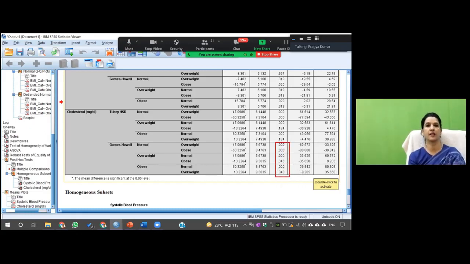Now, can anyone tell me from this participant group which two groups are significant here in case of cholesterol, by just seeing the result? Please type in the chat box, or you can unmute yourself and answer.